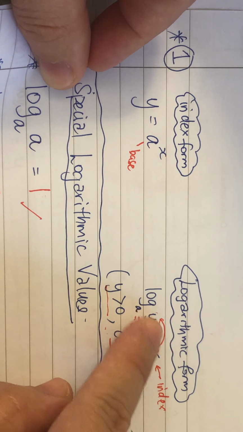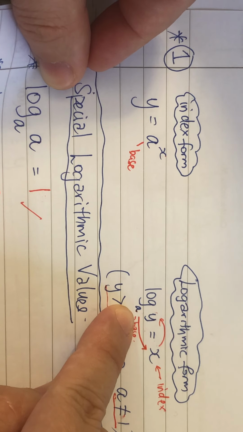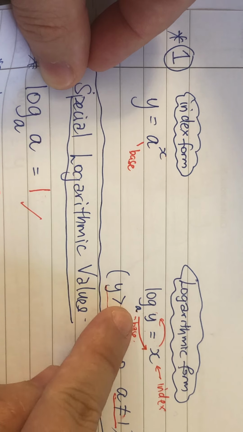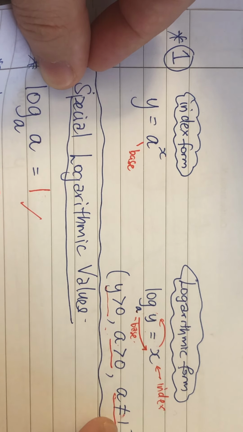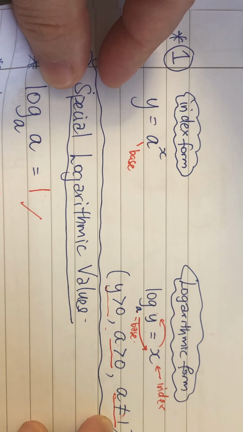So you need to know that your a, your base, has to be positive, more than 0. Your a also cannot be 1, because if it's 1, then it's not defined. If you are not sure, refer to the previous lesson.